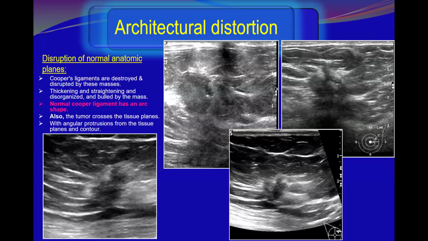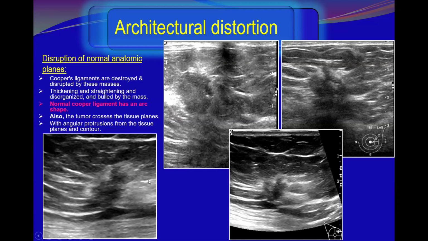Okay, they are disorganized. Normally, the Cooper ligaments, as we have seen in the anatomy lectures, have a smooth arc shape, and are not very thick, a thin band of hyperechogenicity with arc shape.